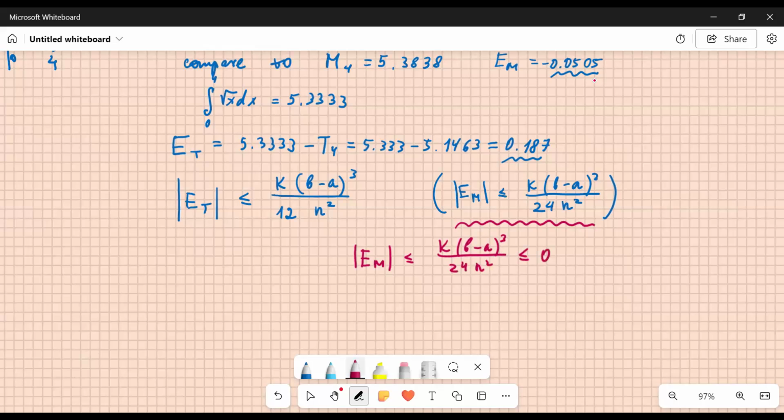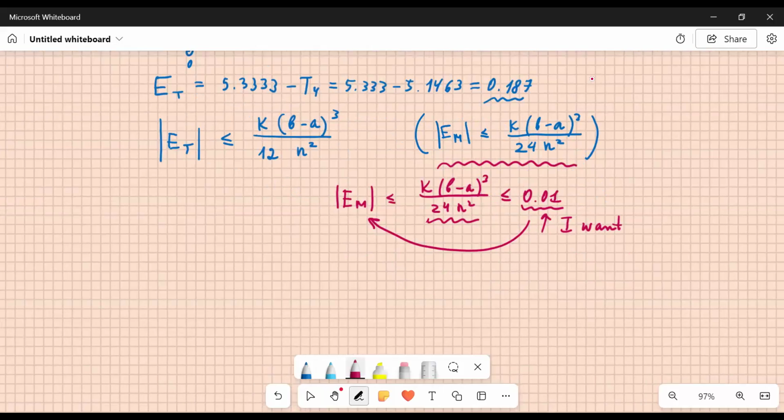If I make it less than what I wish, for example, this, that's what I want to make my error. So if I make this value less than what I want, then my actual value, because it's less than this expression, is going to be less, of course, than this. So EM is going to be less than this, because EM is less than this, and that's going to be less than this. It looks like lots of this here. Well, what is going to give to us?